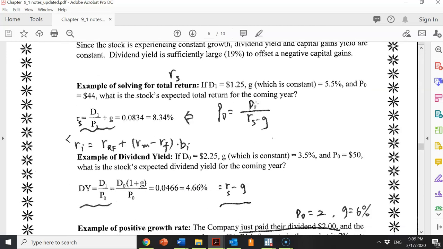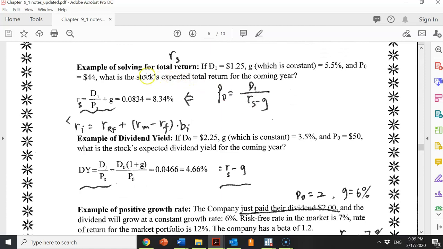Example 3 here. What if we want to know RS, total return? And we know D1 as 1.25, G as 5.5%, P0 as $44. What is the stock's expected total return, RS, for the coming year?